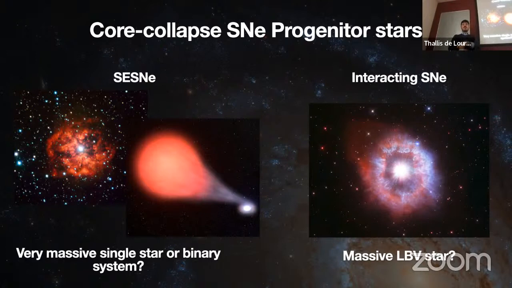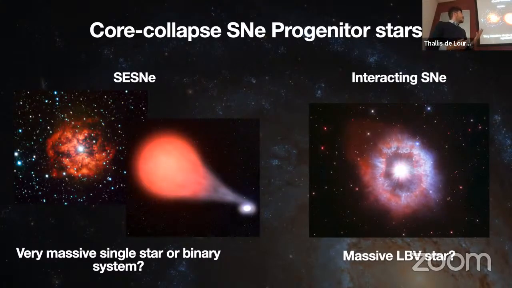So types 1B and 1C supernovae are called stripped envelope supernovae because they don't show hydrogen or helium, and that means that they lost their outer layers. But the way they lost the outer layers of the star is a bit uncertain.